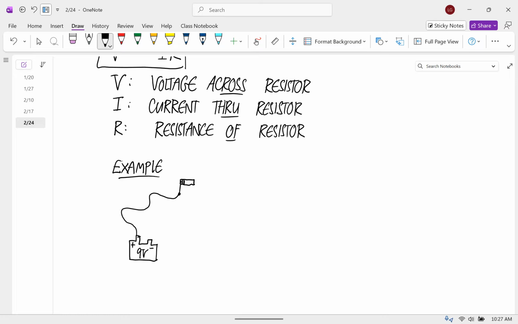I'm going to indicate resistors with 3 colored bands like that. And then we go to the negative terminal. And let's say that this resistor has a value of 1,000 ohms.